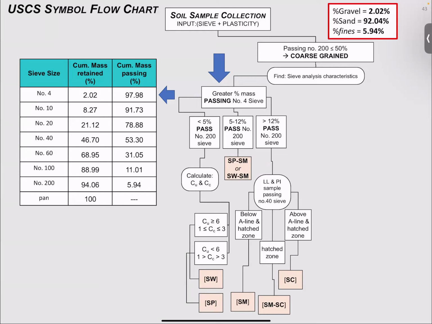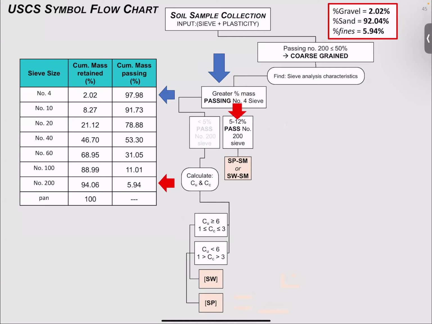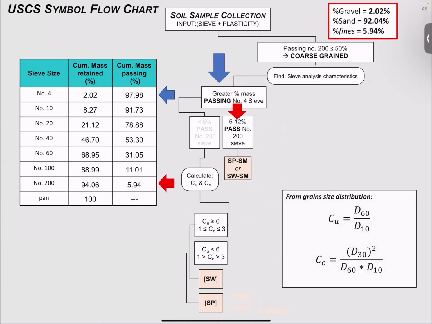And if we have that middle part between 5 and 12, then we call this SP-SM or SW-SM. So which category would we go with here? Our fines are 6%-ish, so that will actually be this middle ground, an SP-SM or an SW-SM.